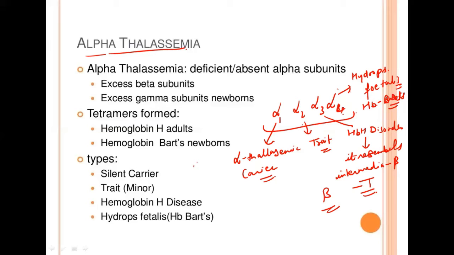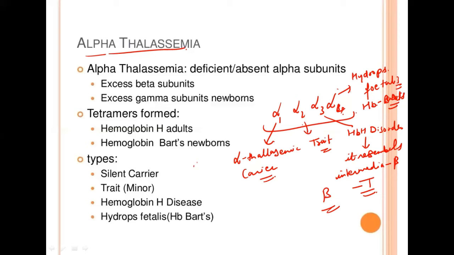So it is again a question in NEET. So hydrops fetalis is due to deletion of the alpha 4 alpha gene, right?